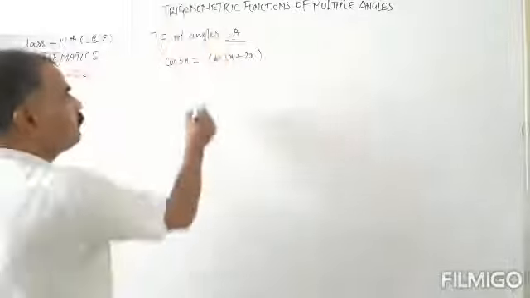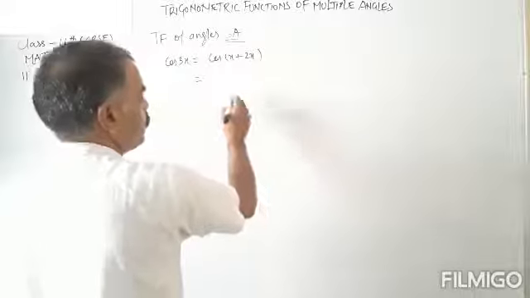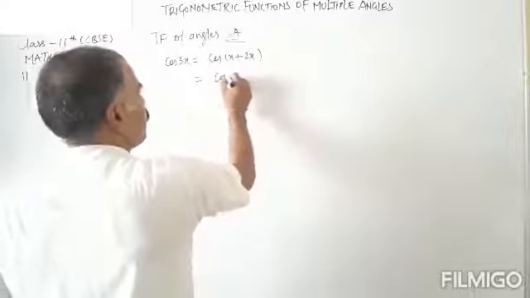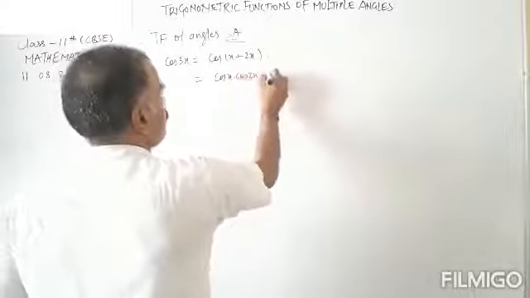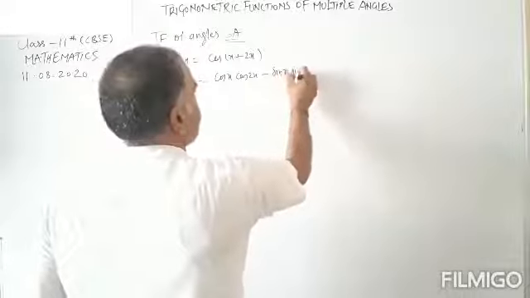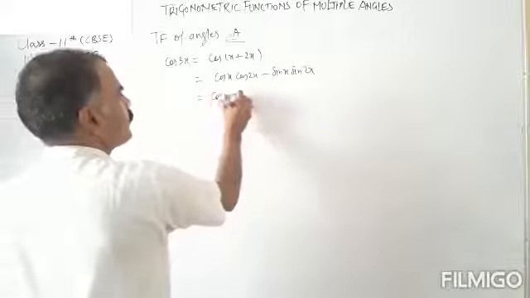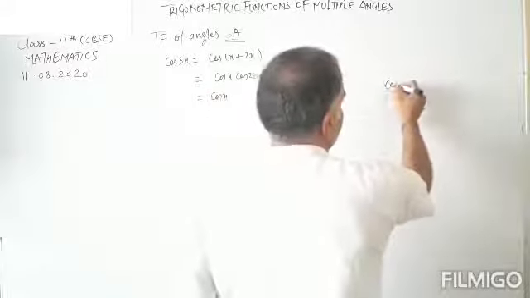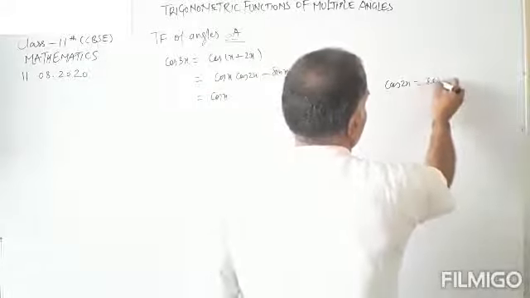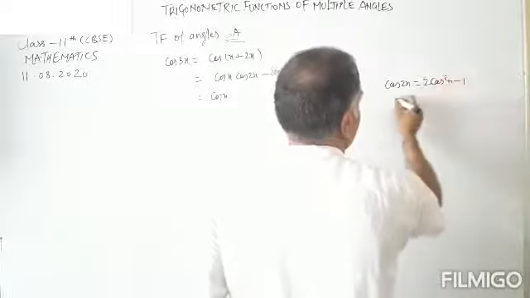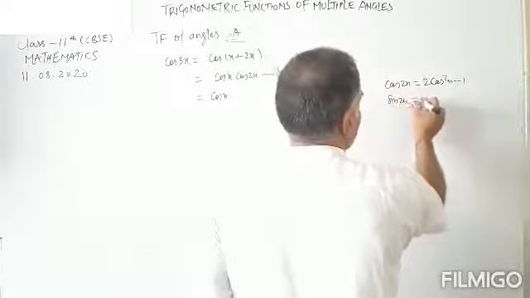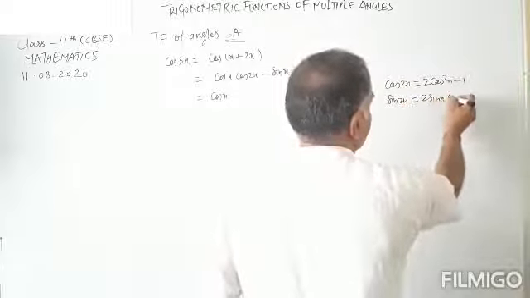Now cos of a plus b is equal to cos a cos b minus sin a sin b. And cos 2x is equal to 2 cos square x minus 1, and sin 2x is again 2 sin x cos x.